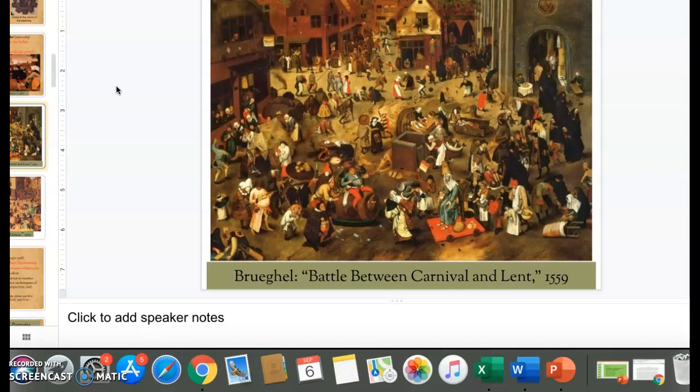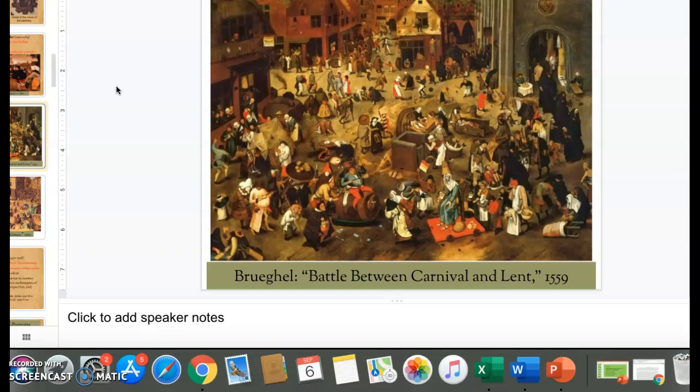We see people participating rather than just spectating. You know, they're not just all sitting around looking at each other. They're actually involved in activities. We also know that this is very communal rather than an individual type activity. You know, everybody has come together no matter what their backgrounds are.